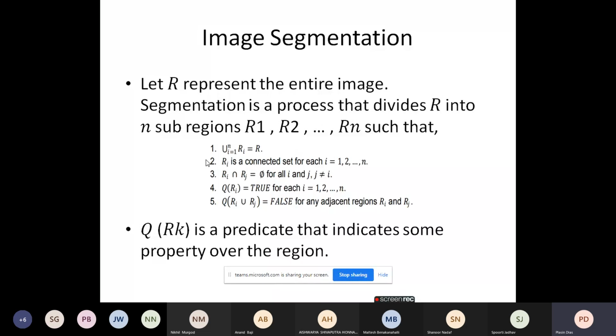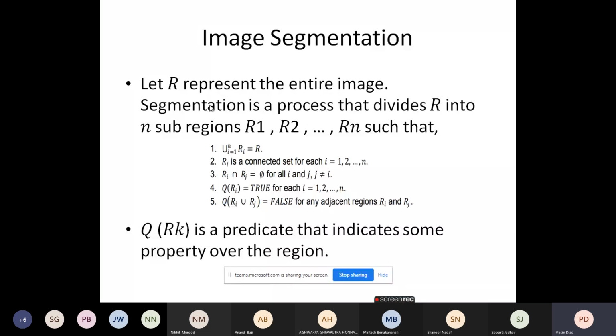If the set formed by the union of the two regions is not connected, then we call those two regions disjoint. Please remember, in image segmentation these two terminologies are important: regions called disjoint and regions called adjacent to each other.